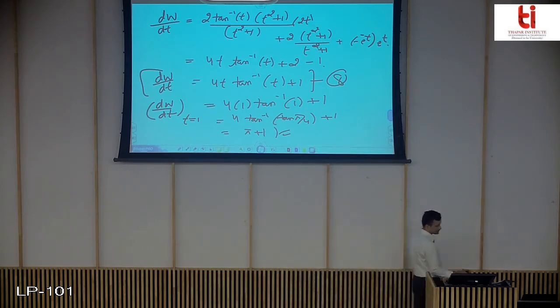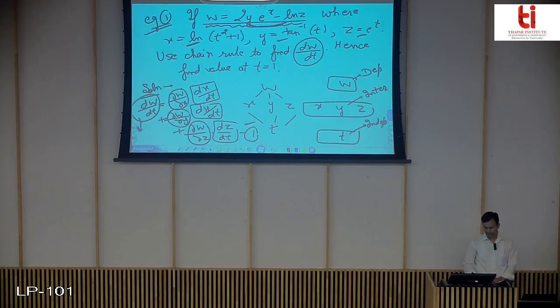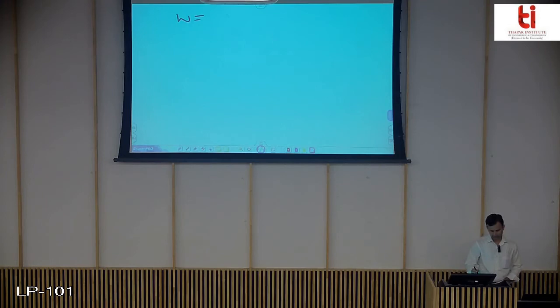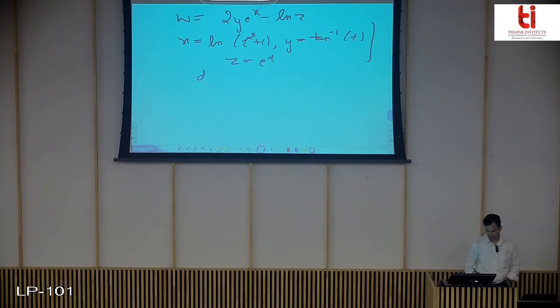Now definitely there might be a question in your mind: in these types of questions, what could we have done? Let me write it here again. This was given, w is equal to a function of x, y, z, and you have to find dw by dt.